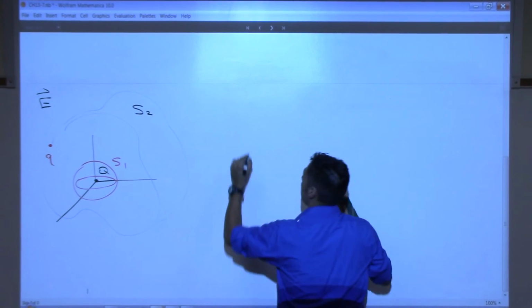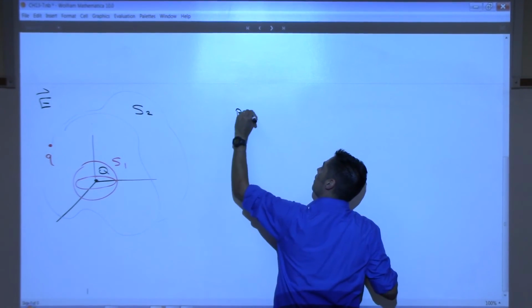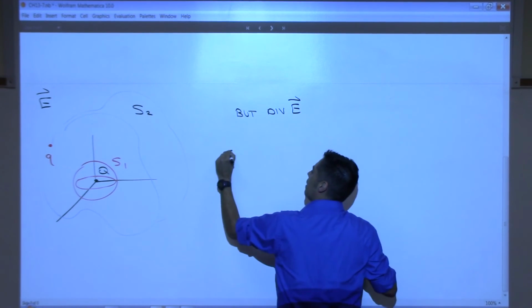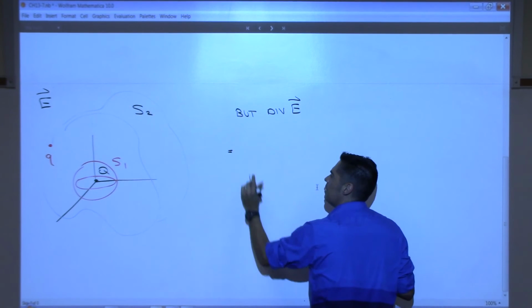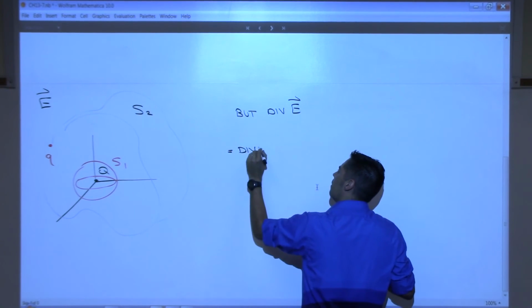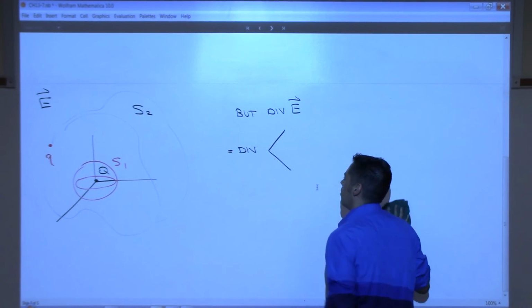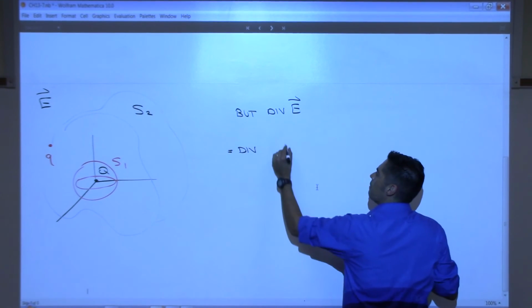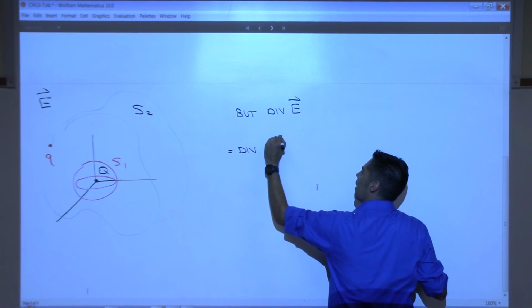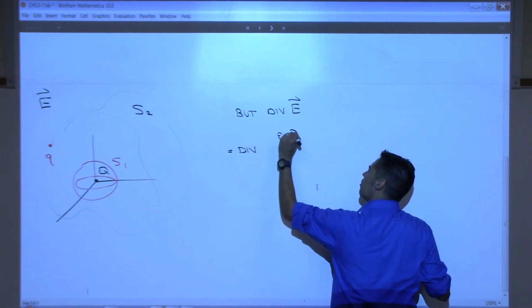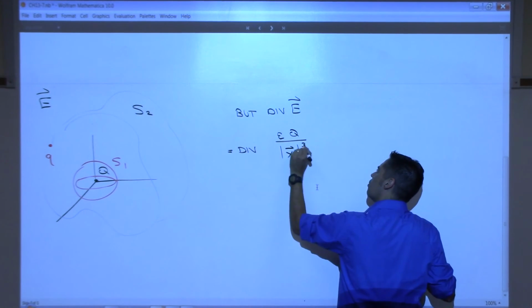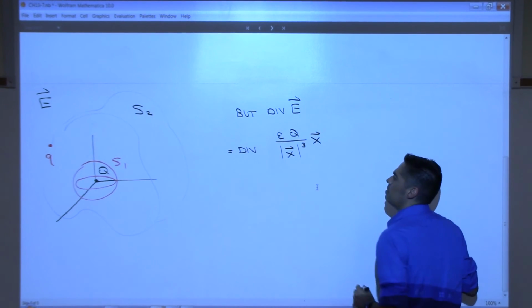So I'm going to say here now, the div of E equals, well, what is E? It's a vector, isn't it? Tell me what E was. It was epsilon q over the magnitude of x cubed times x, right?